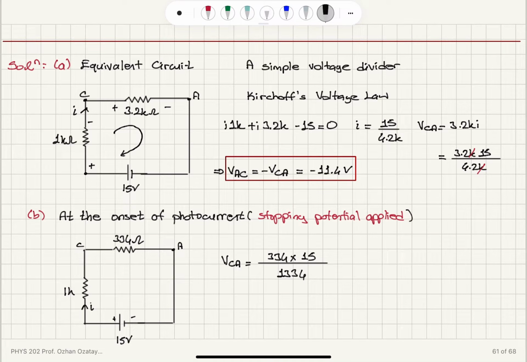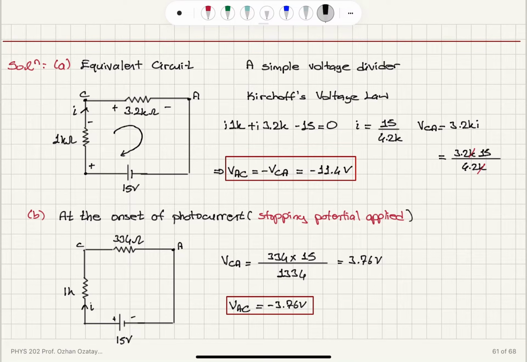So it is going to be 3.76 volts, which gives us, for the potential of the anode with respect to the cathode, minus 3.76 volts.